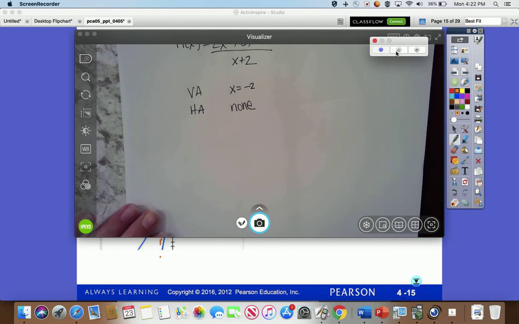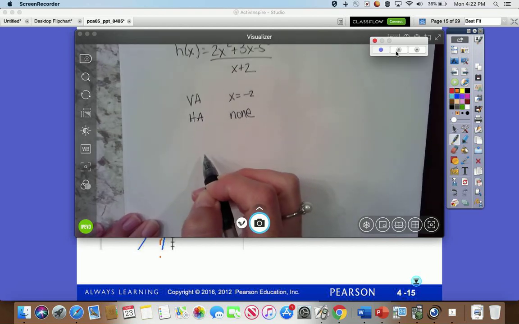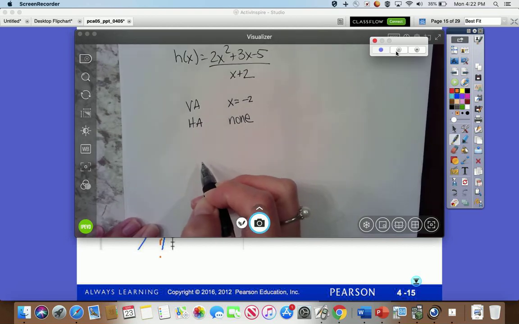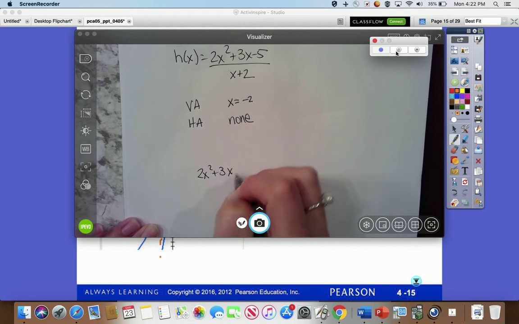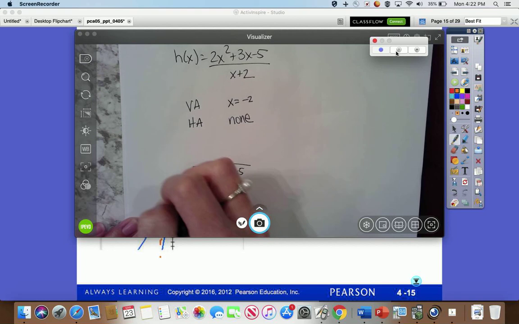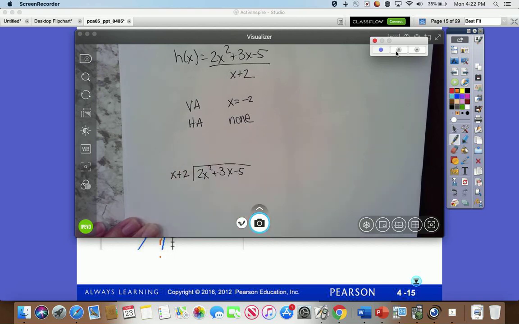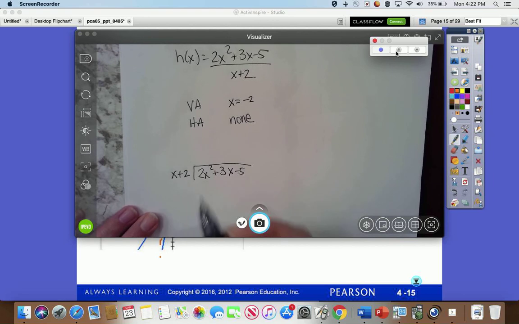To get this oblique asymptote, we are going to divide 2x squared plus 3x minus 5 by x plus 2. You learned polynomial long division, at least in Algebra 2. So we start off with the 2x squared divided by x is 2x.